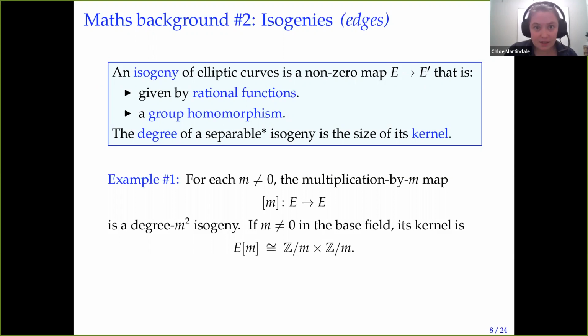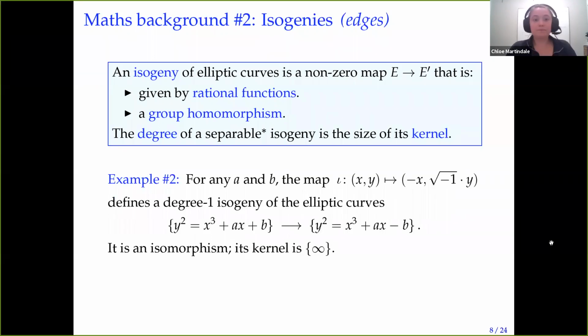Okay, I think the next is another example of an isogeny. That was quite a simple isogeny that was just multiplication by an integer. You can also have something which isn't necessarily just an integer. For any a and b, the things that we use to define our elliptic curve, the coefficients, there is a map which I call iota, because I'm going to associate it with the complex number square root of -1, which maps (x, y) to (-x, square root of -1 times y).